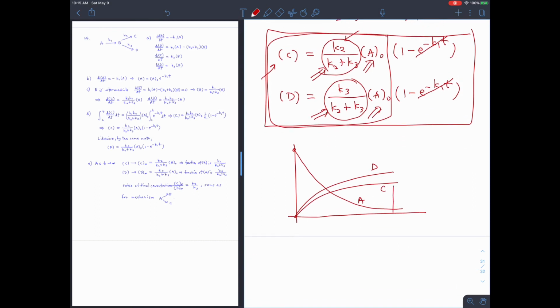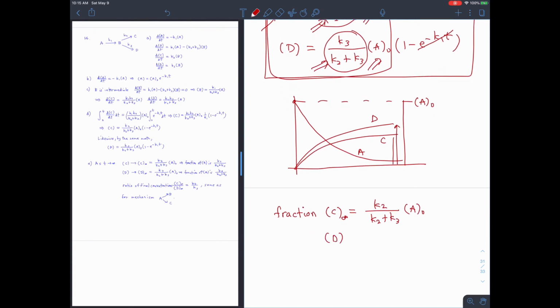These two curves, as time goes to infinity, have to add up to the total amount of A0 that we started with, and that means that the fraction of A0 that we end up with as C is just K2 over K2 plus K3 times the initial amount A0, at time infinity, and the same for D infinity, K3 over K2 plus K3 times the amount that we started with.